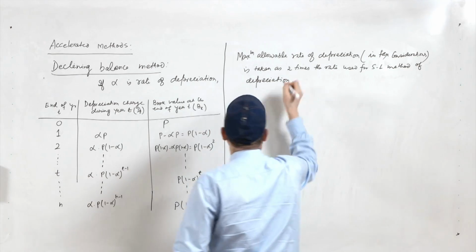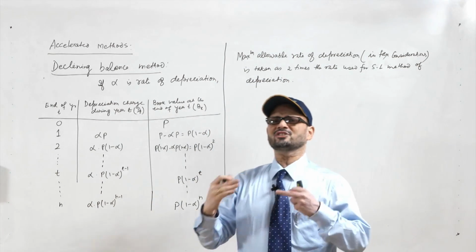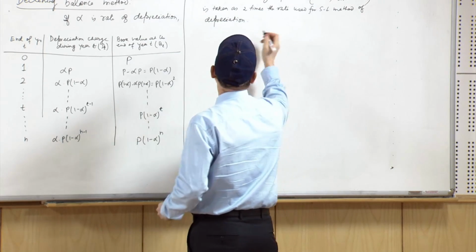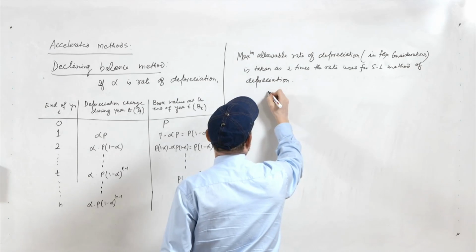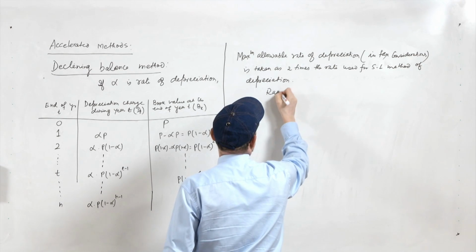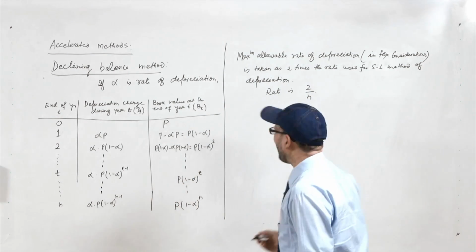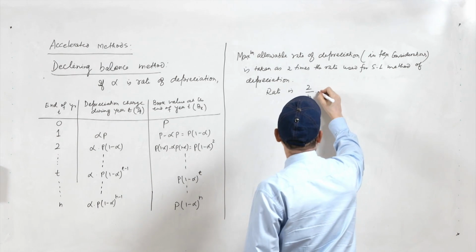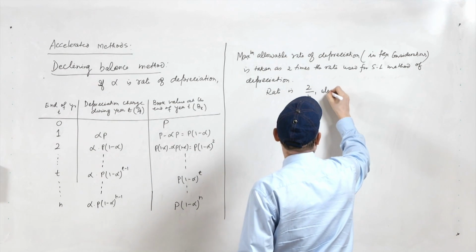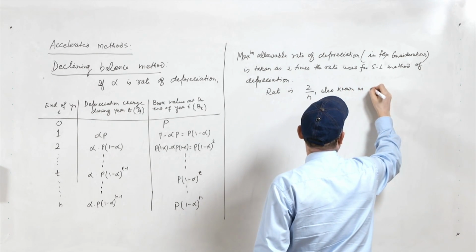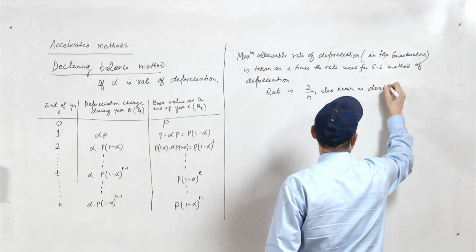We know that the rate of depreciation in the straight line method is 1 by n, so that is why the rate is 2 by n, and this is known as double declining balance.